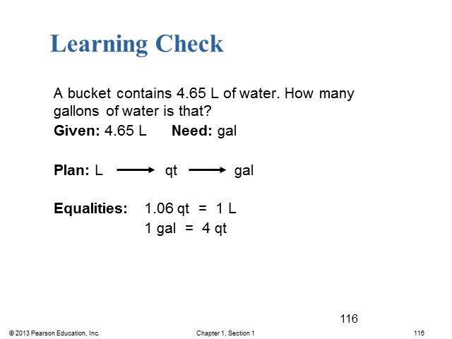So our plan is going to be from liters to quarts, then from quarts to gallons. Because we're going from metric to English units, the liter to quarts is going to be a measured value, and the quart to gallon is going to be a standard or exact value.